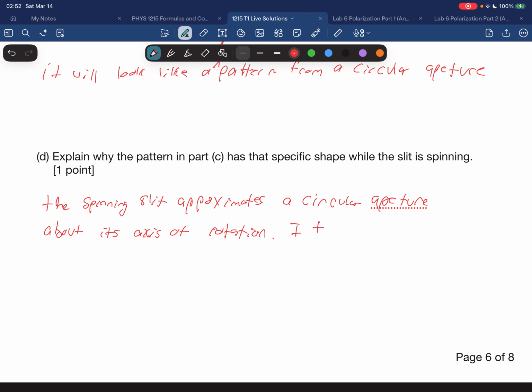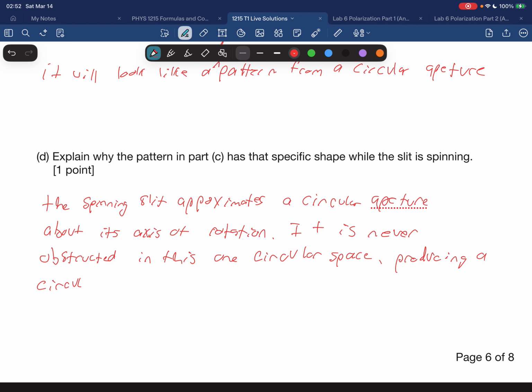It is never obstructed in this one circular space, producing a circular pattern.